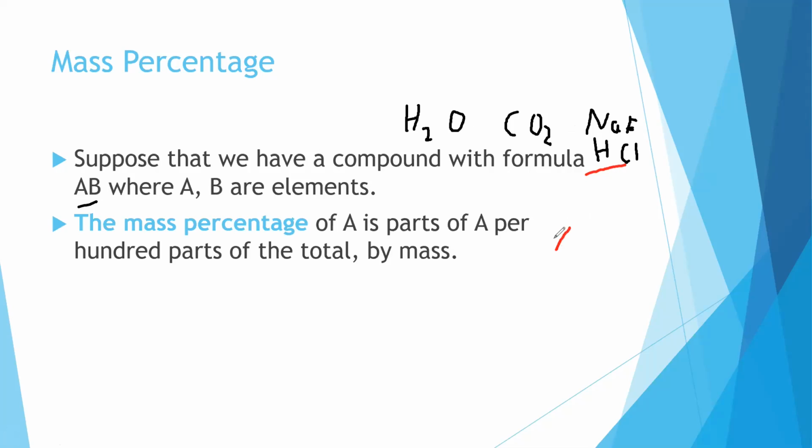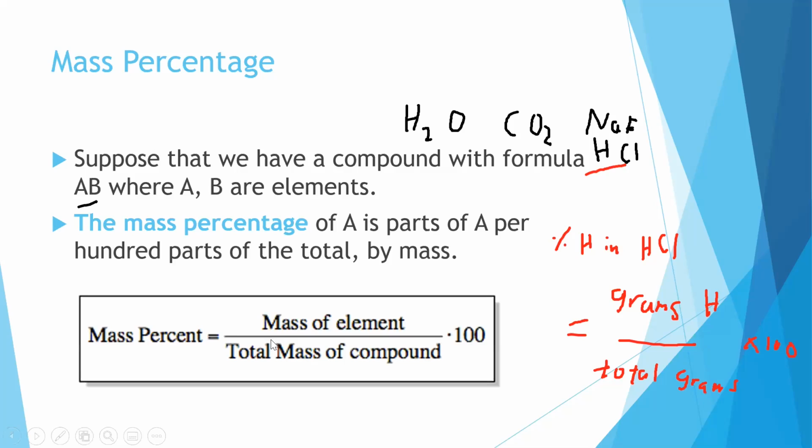The mass percentage of H in HCl equals the weight, in grams, of hydrogen over total grams, times 100. The reason we times 100 is because we're making it a percent. Grams of hydrogen over total grams would give us a decimal, and then we multiply it by 100 to get our percent.